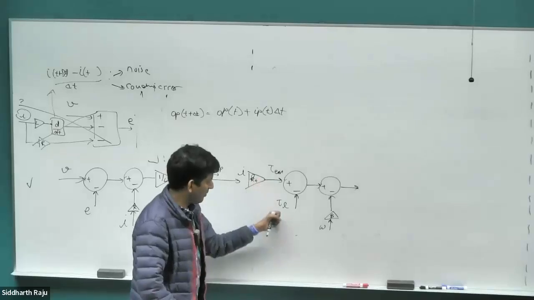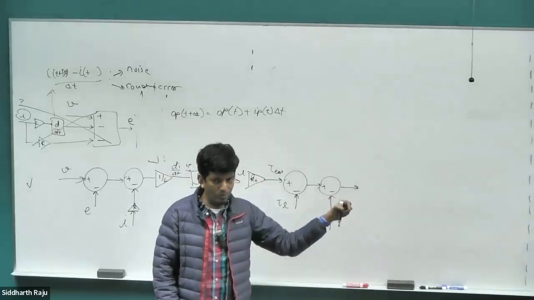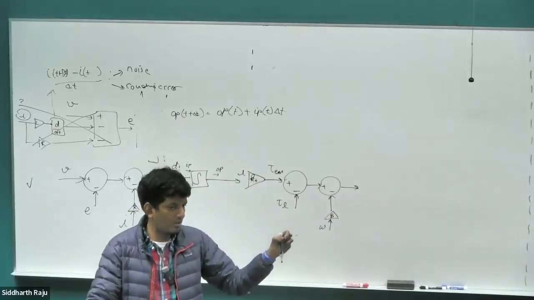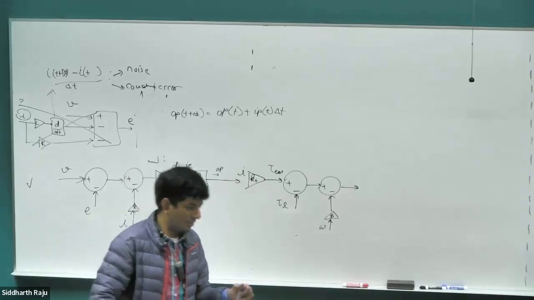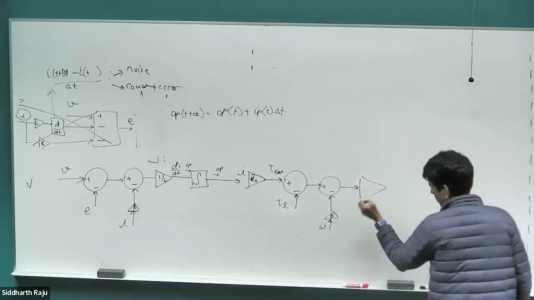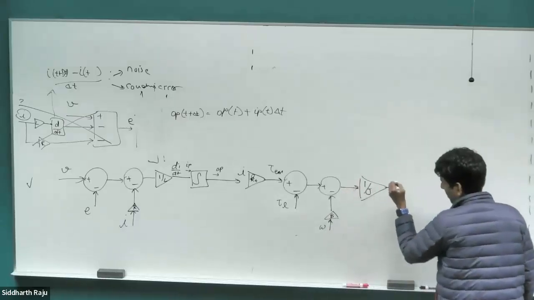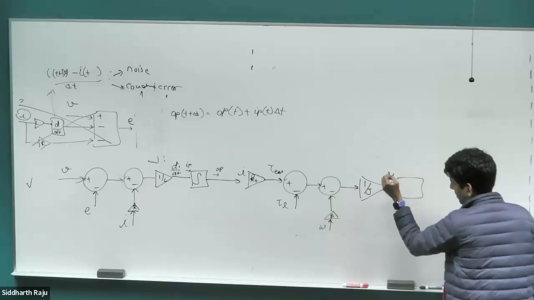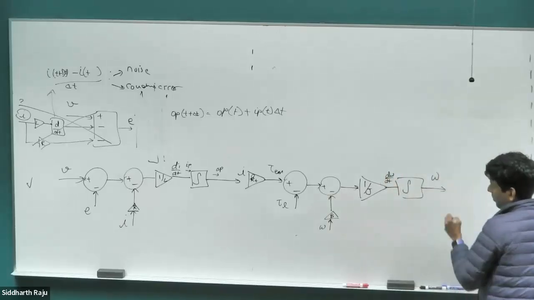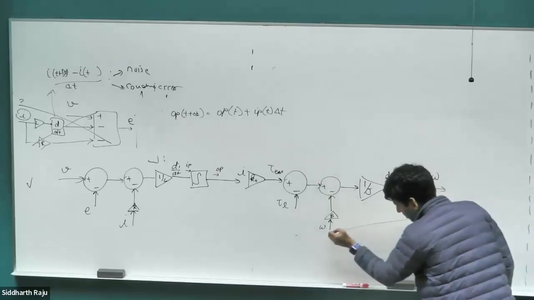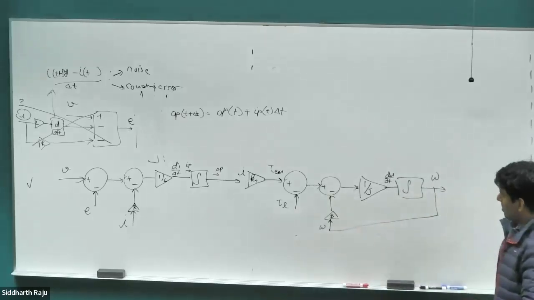So we have tau em minus tau L minus b omega is equal to J times d omega by dt, so we have to scale it by 1/J. Perfect. So scale it by 1/J and then integrate it. So this would be d omega by dt. And if you integrate it, you end up with omega, close the loop here, right?